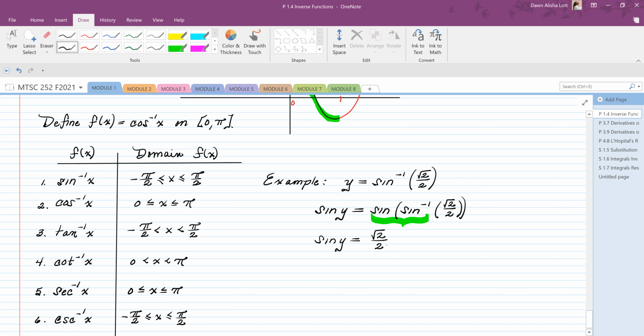So now I have to think, at which angle am I going to get the square root of 2 over 2? But I have to be between minus pi over 2 and pi over 2. So that tells me that y is pi over 4.